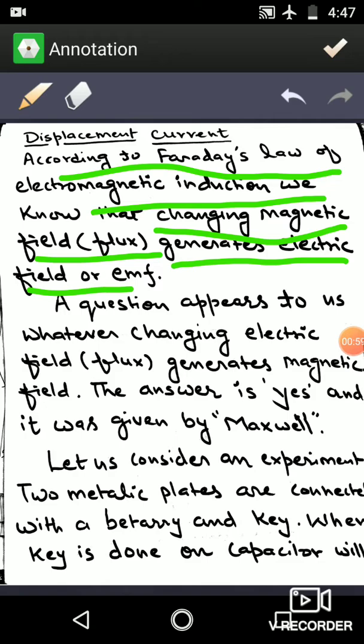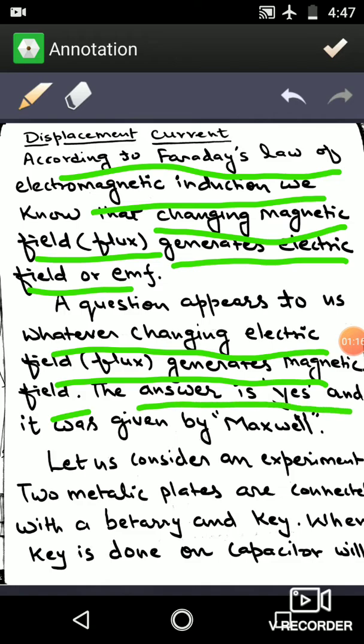Now a question arises: can a changing electric field generate a magnetic field or not? And the answer is yes. This answer was given by Maxwell.